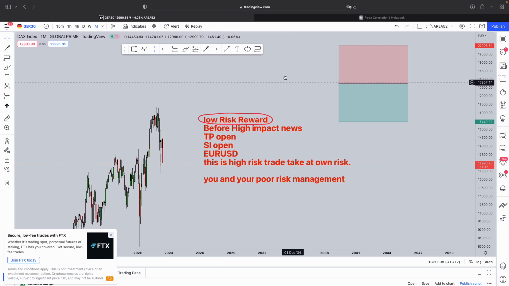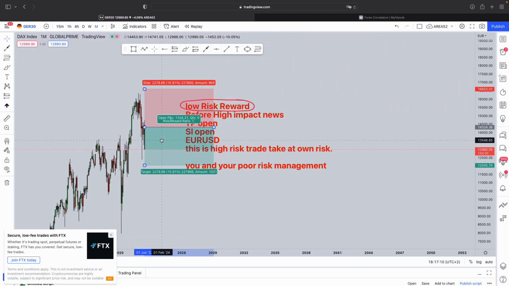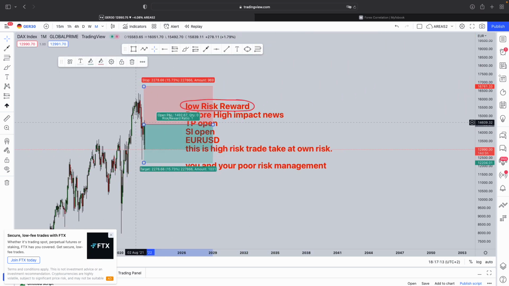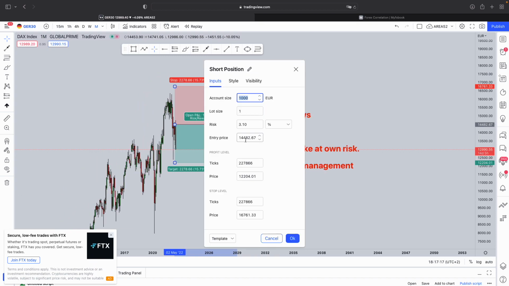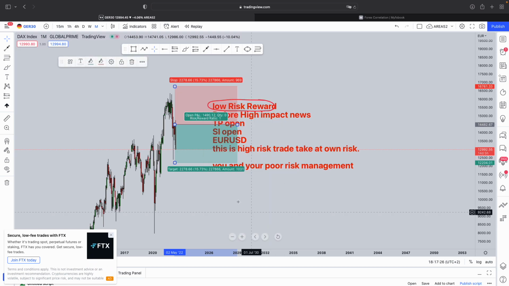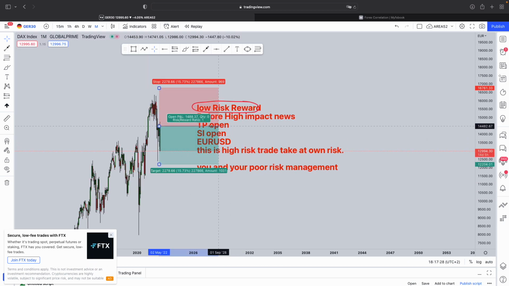For instance, this is a risk to reward tool. Let's say they said sell the German 30 index, and they said sell it at 1.4482, take profit at 1.12204, stop loss at 1.16761. Then all you do is put those numbers in the risk reward tool, and you'll be able to see over here.